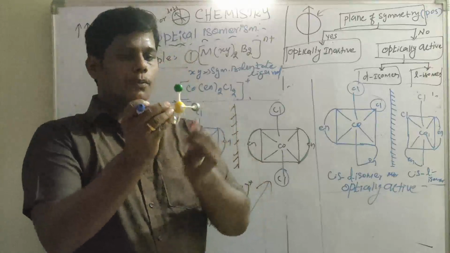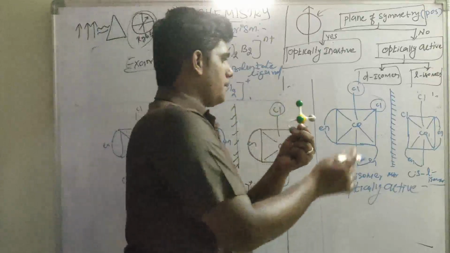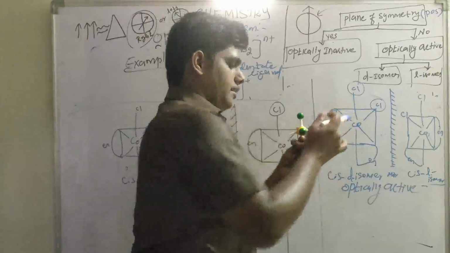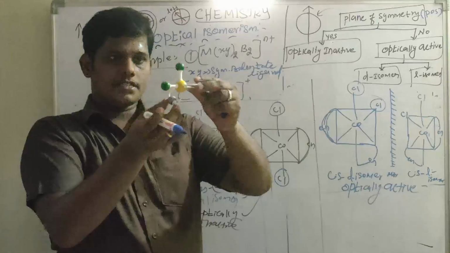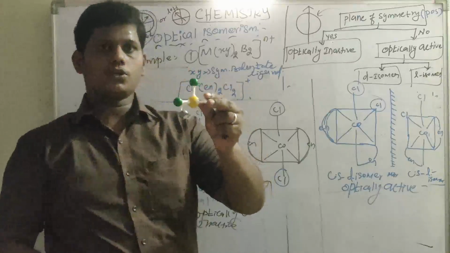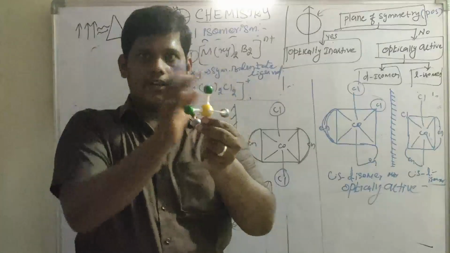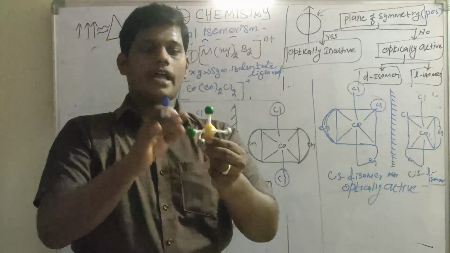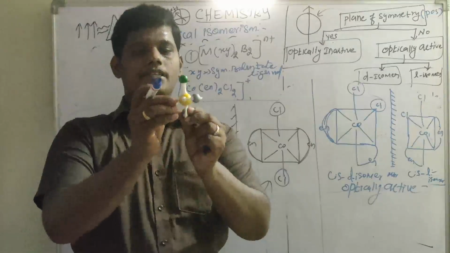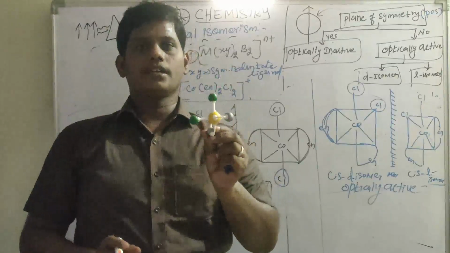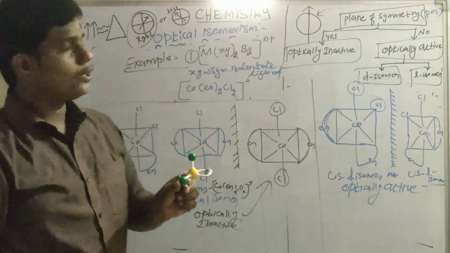Also, of the two bidentate ligands, one is in the plane position and the other is below the plane. There are two bidentate ligands and two monodentate ligands. If we cut with planes, we do not get equal halves, so there is no plane of symmetry. It exhibits optical isomerism. D and L isomerism is a good example for this Co(en)2Cl2 plus compound.